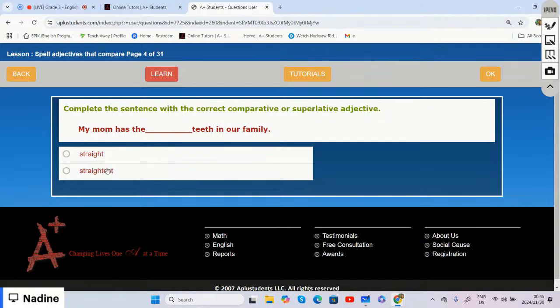My mom has the straight teeth in our family, or do we say my mom has the straightest teeth in our family? Straight teeth in our family or straightest teeth in our family?